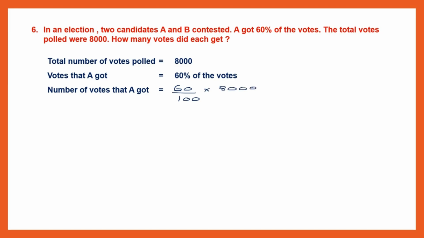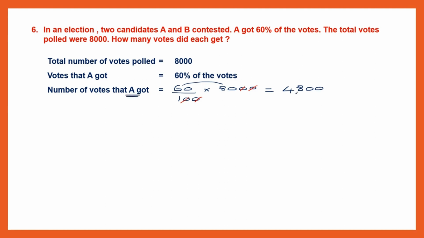Now here we can cancel. Let me cancel 2 zeros here and 2 zeros there. That's it. I can't cancel any more zeros. Now let's multiply the numerators. So here 6 8s are 48, and then put the 2 zeros. So we have 4,800. So this is the number of votes that A got.